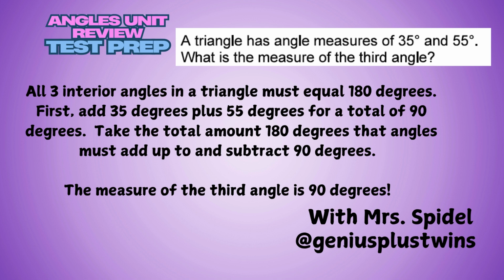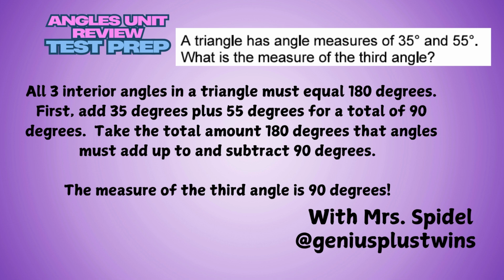Okay, here is the explanation of how I would do this. First, I once again remind myself that all 3 interior angles must equal 180 degrees in the triangle. Knowing that, I add the 2 known angles, 35 degrees and 55 degrees, and that equals a total of 90.